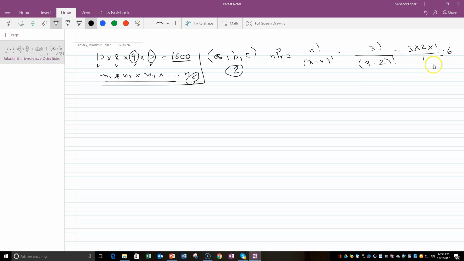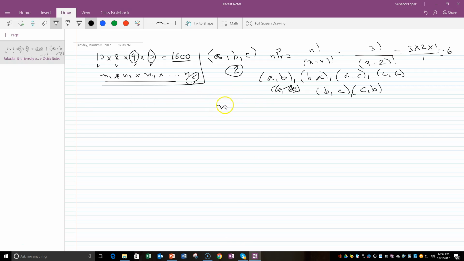So that will be 6 possible ways, and those 6 possible ways are AB, BA, remember these are 2 different outcomes, AC, CA, BC, CB. Alright, so those are the 6 possible outcomes.